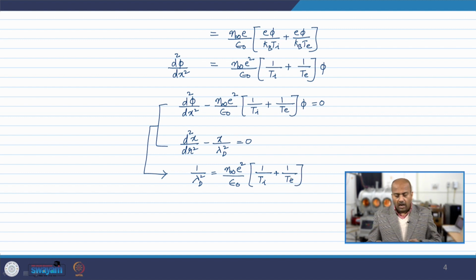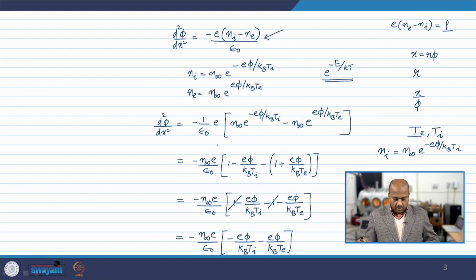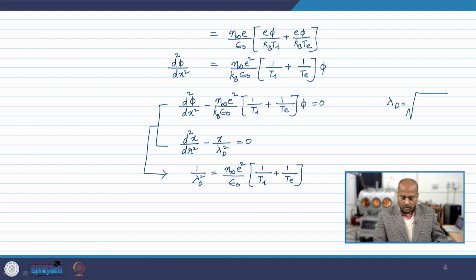So, lambda d square now has some terms relevant to the temperature of the ion as well. Earlier, lambda d is the square root of, I think we missed one kb in between. So, kb is the Boltzmann's constant. Now, a kb should appear here.